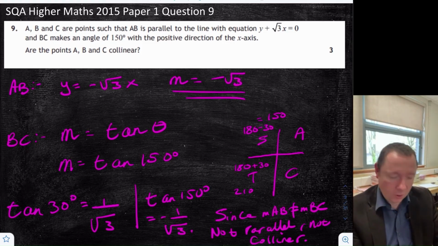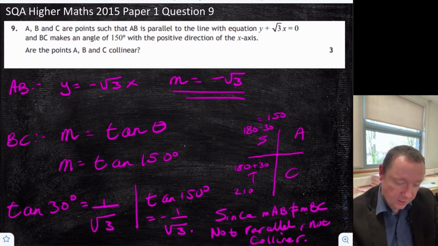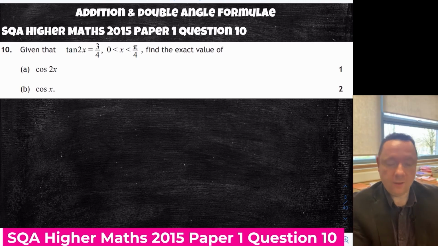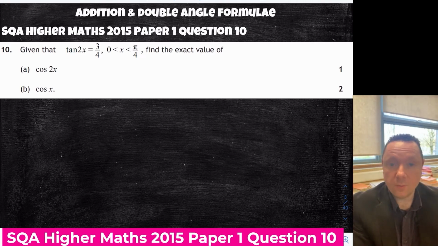Now, if they were equal, you would then say they are parallel, but since B is a common point, they're collinear. SQA Higher Maths 2015, Paper 1, Question 10, addition and double angle formulae.